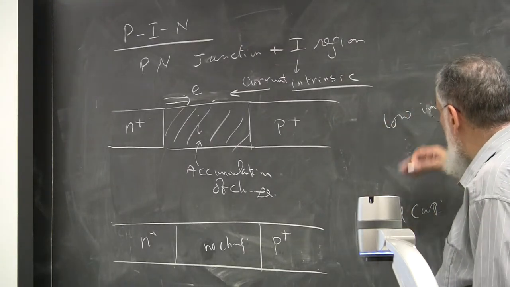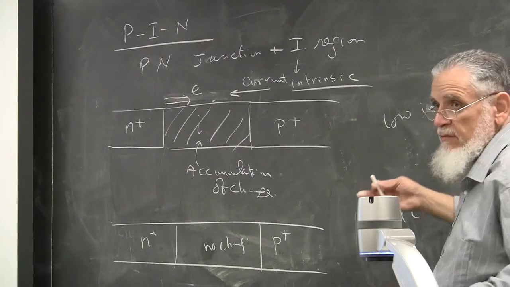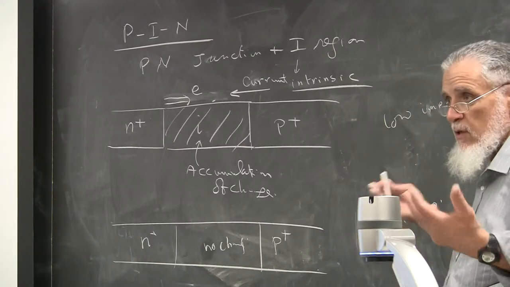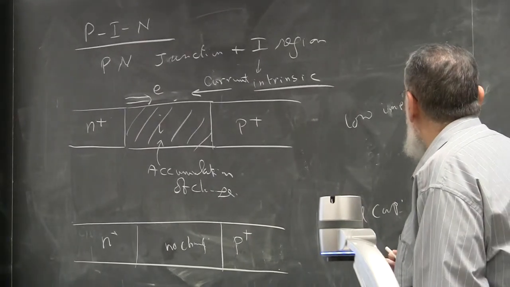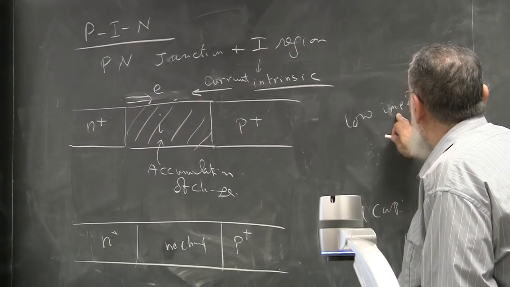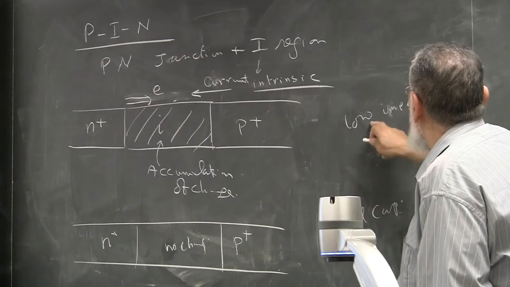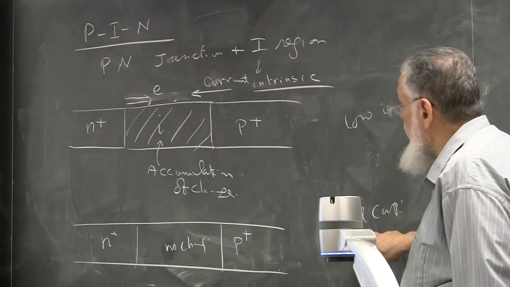Your capacitance obviously is changing with voltage, so it can be used as a varactor. The varactor is a variable capacitance diode. So in the forward bias you have a huge capacitance and a low impedance. In the reverse bias you have a small capacitance.